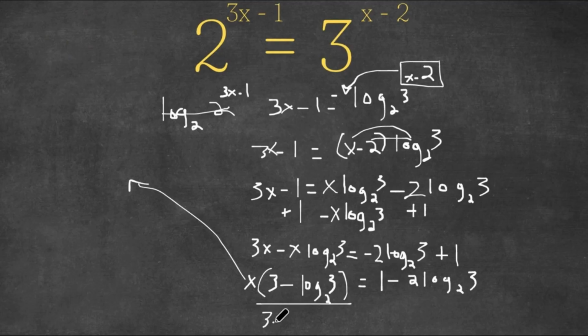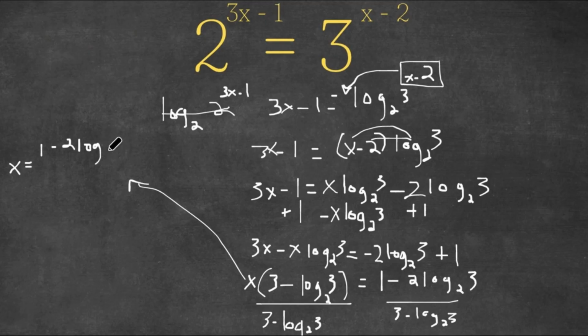So if we divide by this on both sides, we get that x here equals 1 minus 2 log 3 over 3 minus log subscript 2 of 3.